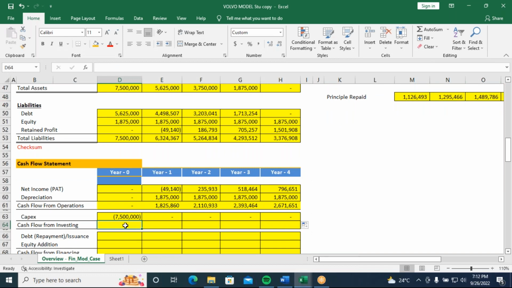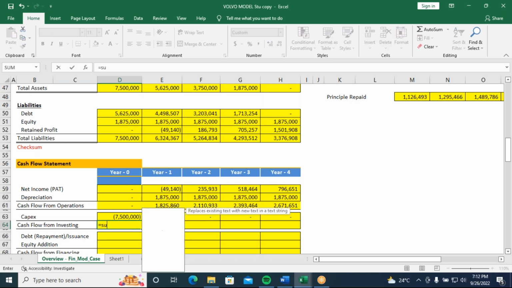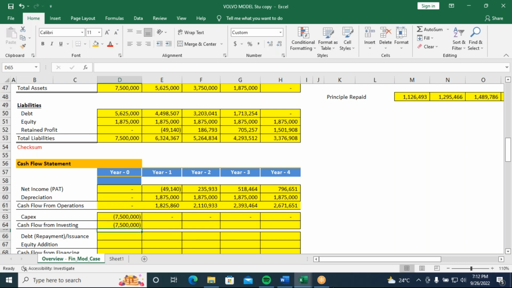Initially here I have spent 75 lakh. After that there is no such expenses that has happened. So cash flow for investing will remain the same: sum of, open the parenthesis, capital expenses. I'll select and drag. So understood till here?